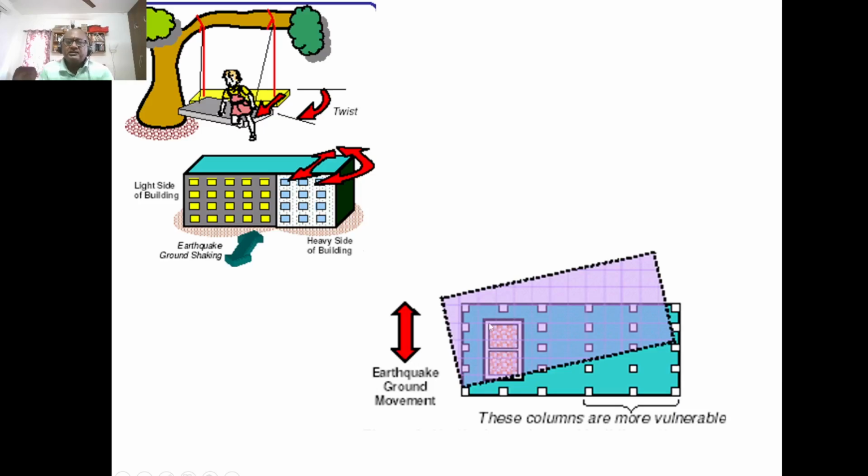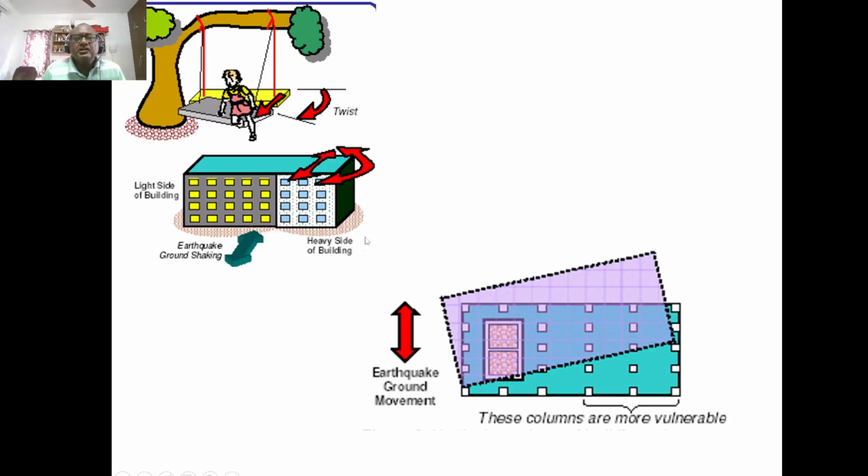Obviously, because of the heavy weight, the motion in the heavy area is less compared to the free area, where it is likely to move further. This uneven distribution of displacements in the building is going to disturb the building, and it may fail because of the uneven distribution. Of course, the code says how much it can go, so that we can check.